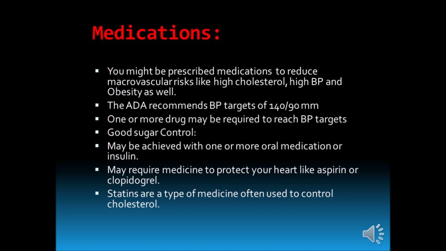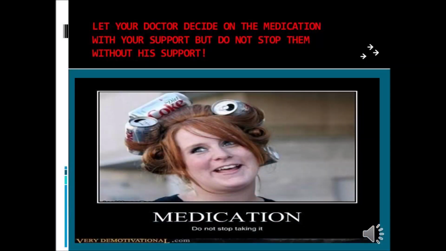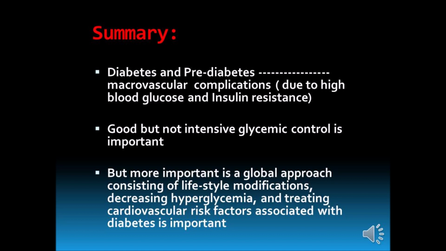You may require medicine to protect your heart like aspirin or clopidogrel. Statins are a type of medicine often used to control cholesterol. And about medications, let your doctor decide on the medication with your support, but do not stop them without his support. So now, let's summarize.